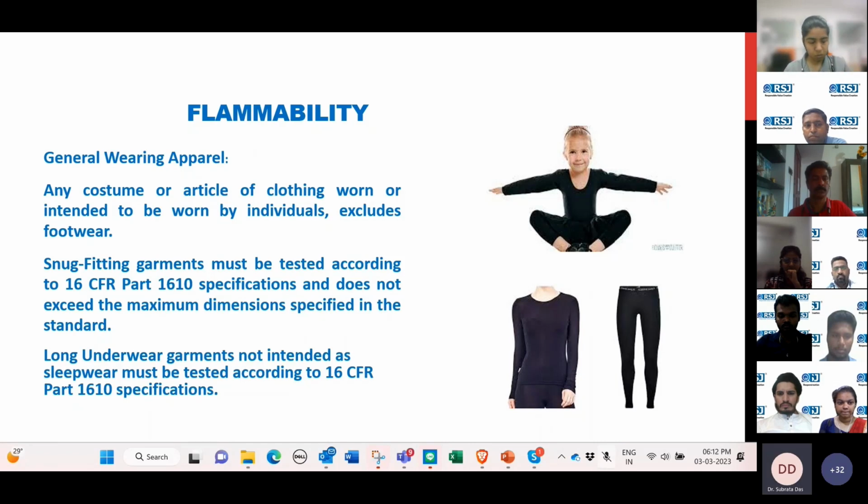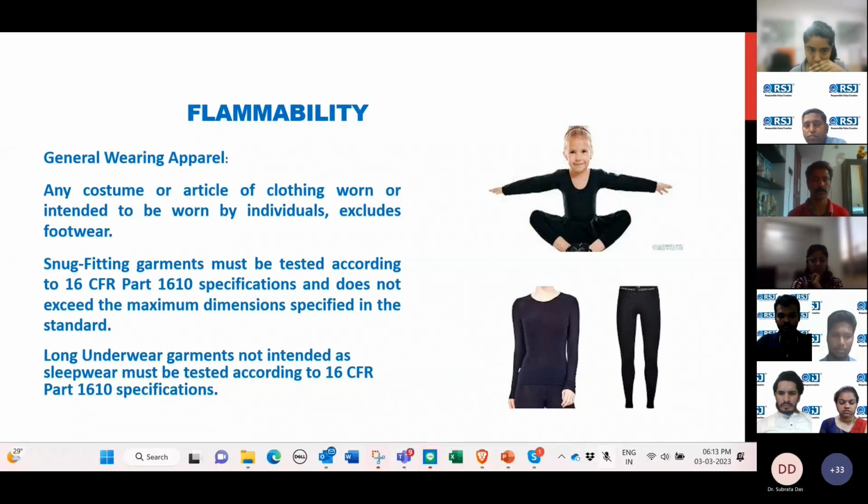It is very, very important that snug-fitting garments for children are tested for 1610. Long underwear garments not intended as sleepwear must be tested according to 16 CFR part 1610. So these are the regulations one has to understand.